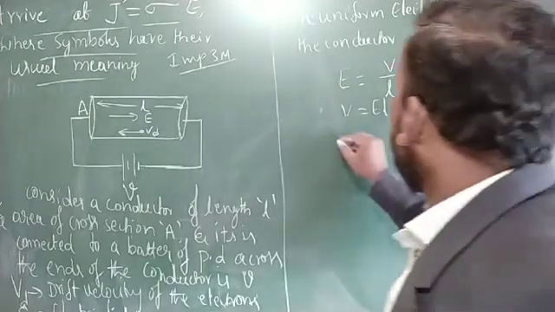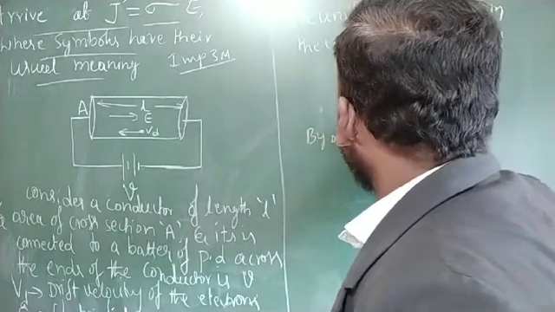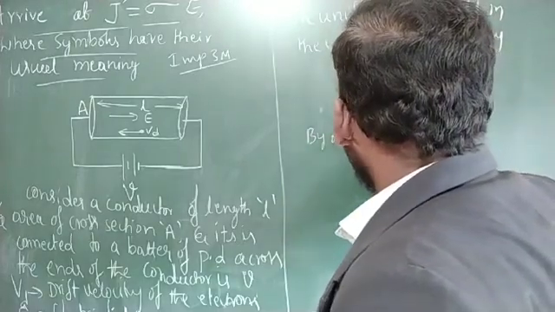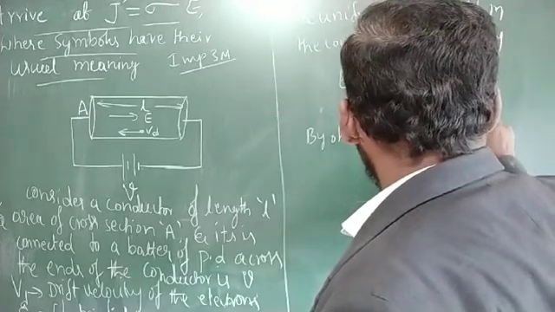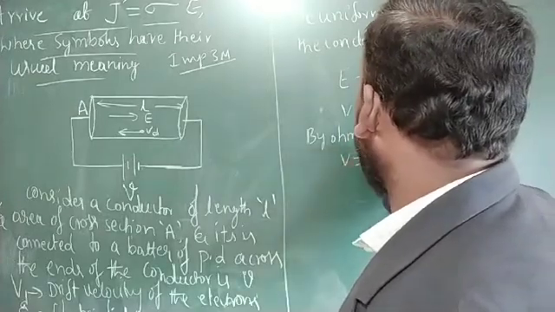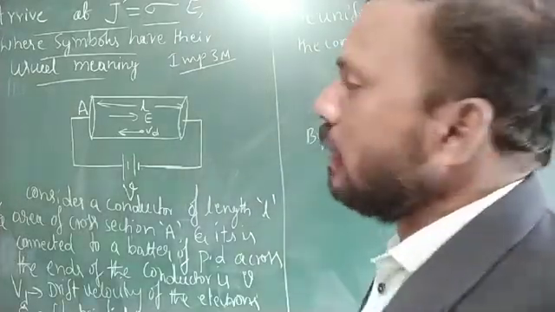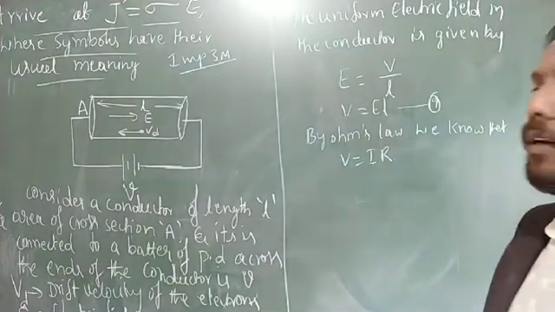By Ohm's law, we know that V is equal to IR, where V is the potential difference applied across the conductor.